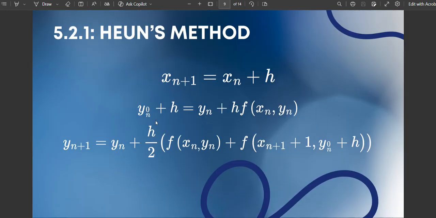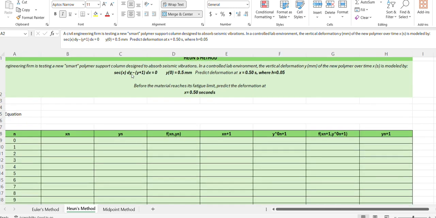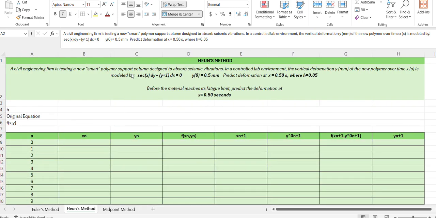So these are the formulas used, and we should move forward to solving in Excel for you to understand how this method is used. The same problem we encountered in Euler's method: a civil engineering firm is testing a new smart polymer support column designed to absorb seismic vibration.